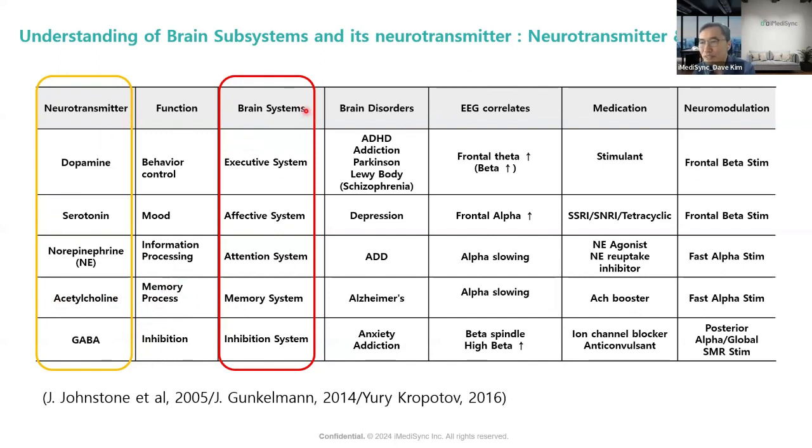So I briefly covered this kind of brain subsystem, and each brain subsystem is mediated by a specific neurotransmitter. Each neurotransmitter makes a specific frequency rhythm. So that's the basic idea we can understand.